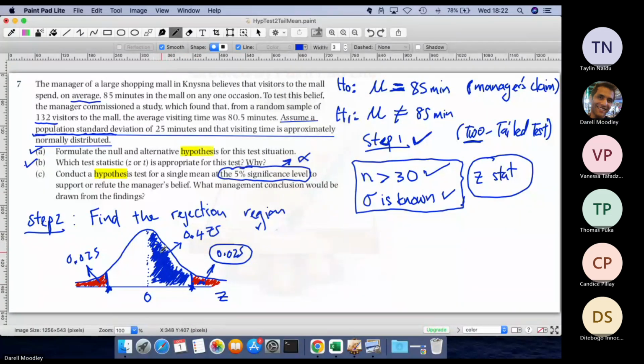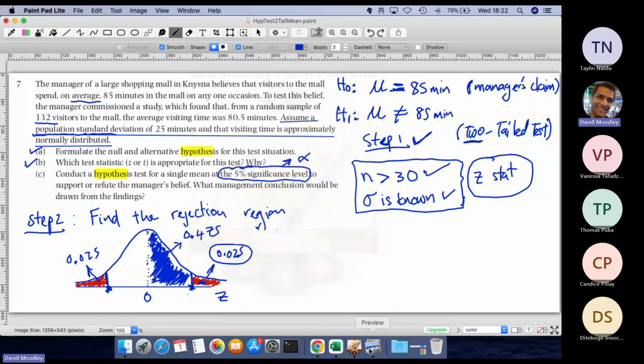Okay, so now the difference between what we're doing now versus what we did in the previous synchronous sessions is that before we would be given this Z value here, and we would find the area, the 0.475. Now we're working backwards. In other words, now we are given the area, which is 0.475.